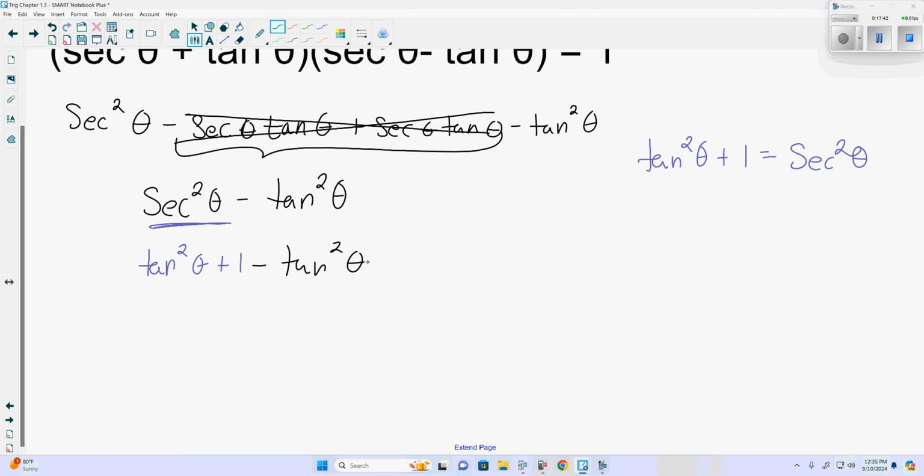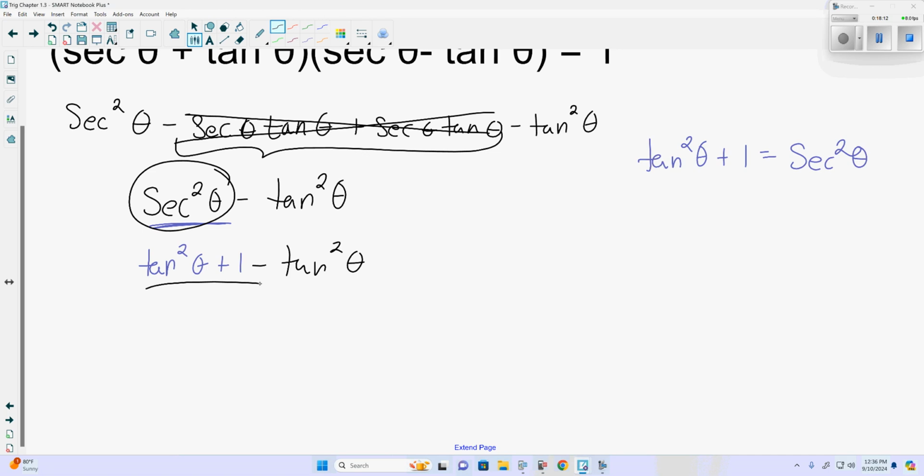Questions on how we were able to replace that? Does that make sense how we replace that? What is secant squared of theta? You're good. No, because if it doesn't make sense, it's not going to make sense until we see it. Because secant squared of theta, by definition, is tangent squared plus 1. That's just by definition.